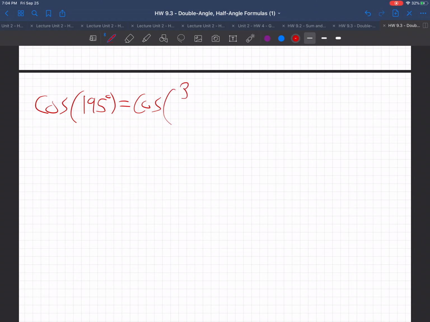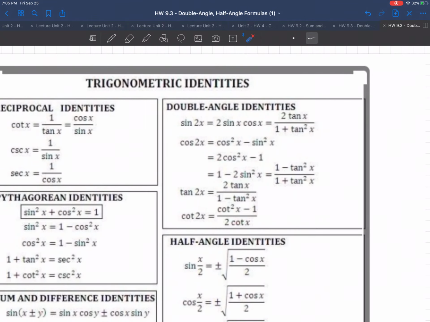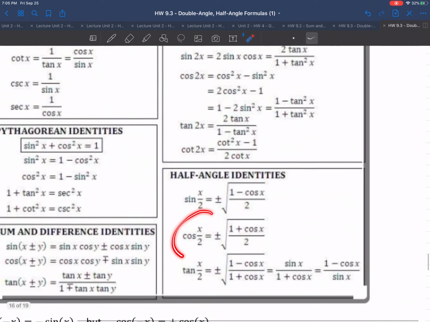It's the cosine of 390 over 2. We do that because 390 is on the unit circle, whereas 195 is not. So what does the cosine of x over 2 formula say? If you look on the formula sheet, cosine of x over 2, down here it is.